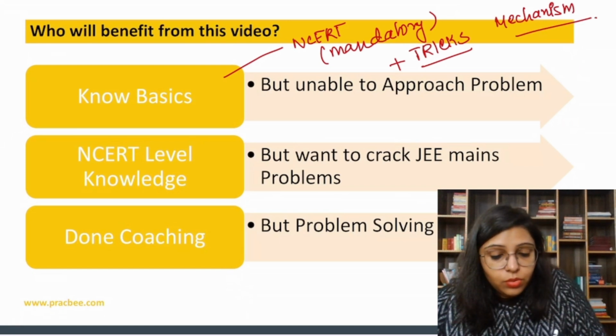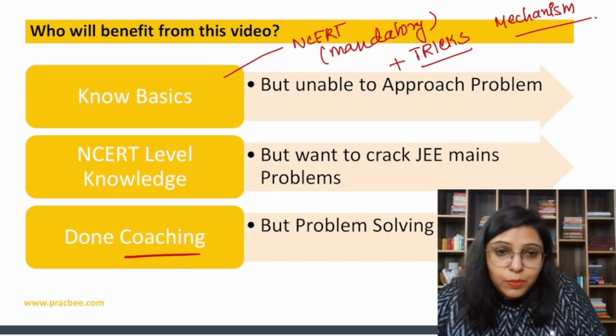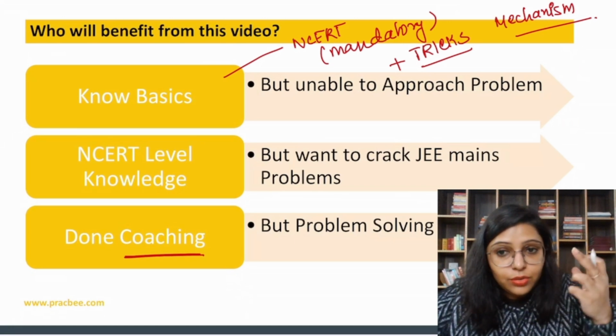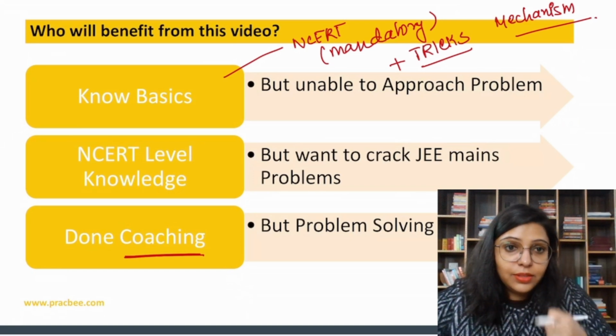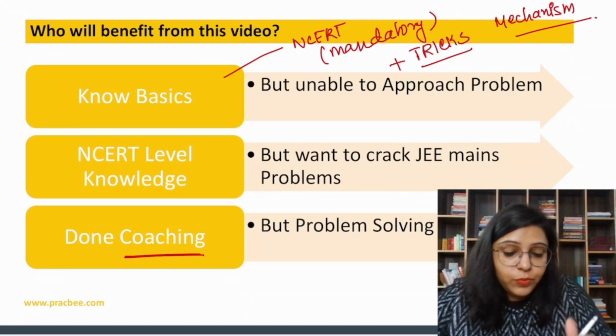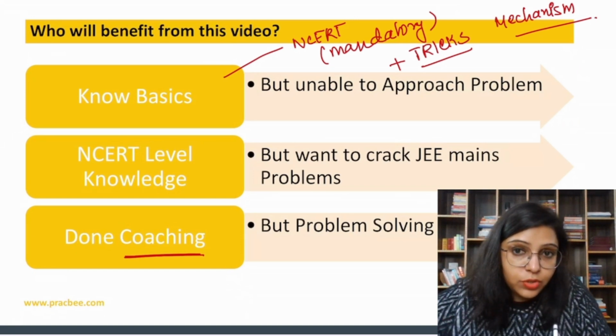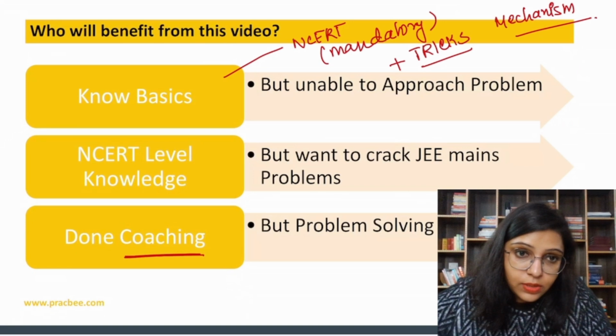For that, yes, the coaching part is very important in this chapter, but right now this is not the high time to take coaching and to revise all these things, because this is not the right time. So what you can do, I'm going to discuss how to solve the questions using tricks.